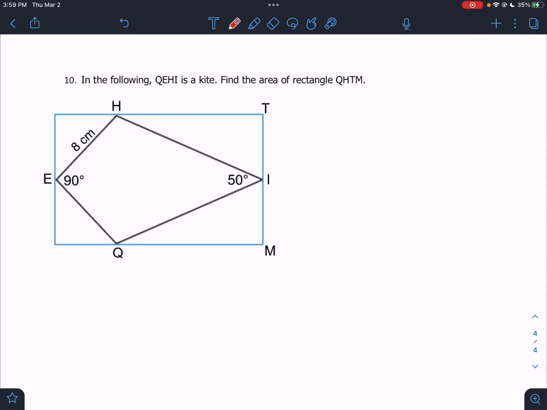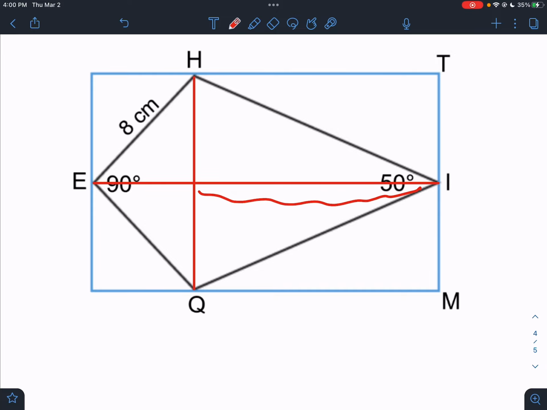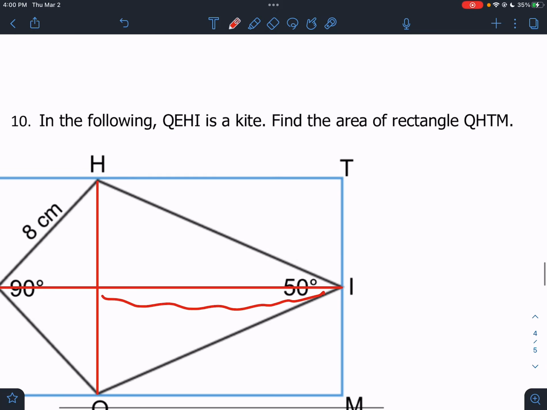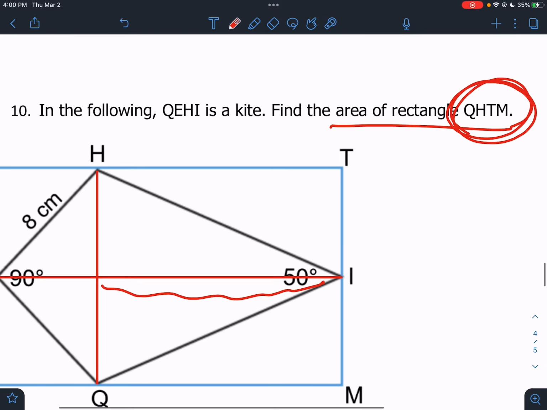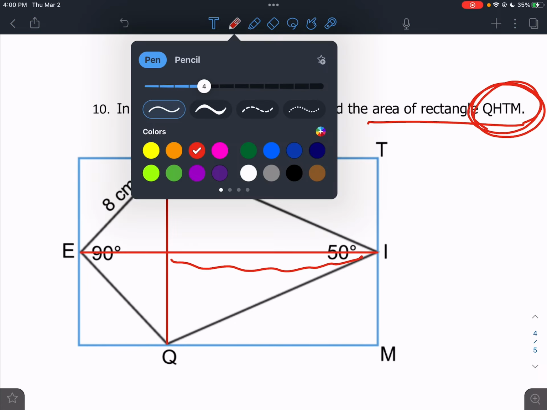And then we have this kite inside of a rectangle. I need to know this distance and this distance, because it's asking for the area of this rectangle, QHTM. I'm going to break it down into a few triangles.